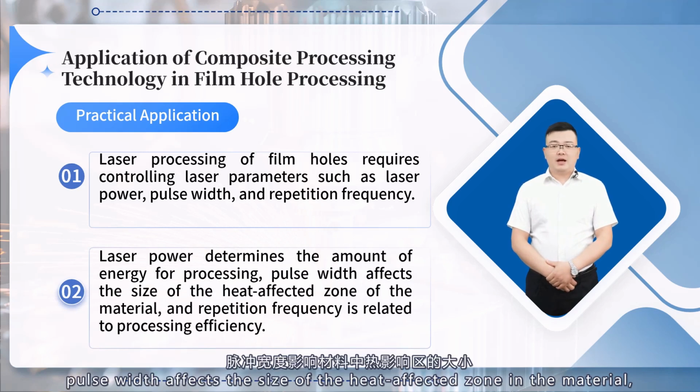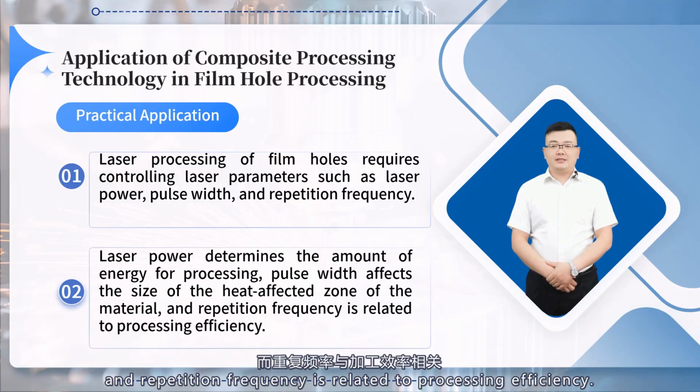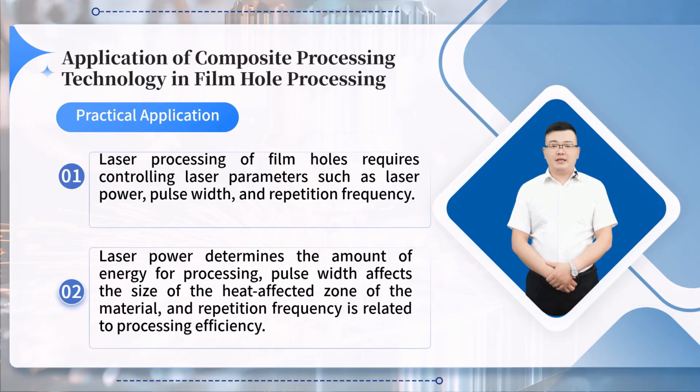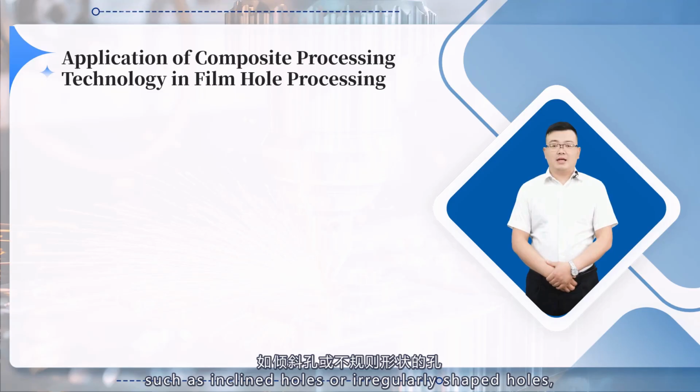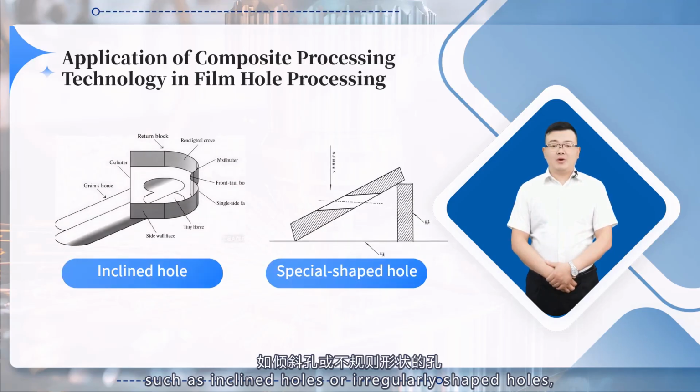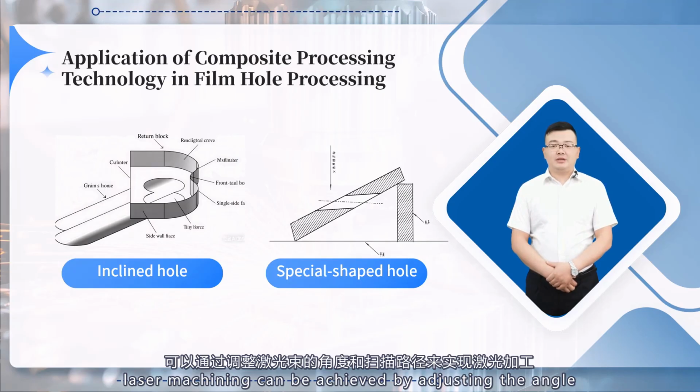Pulse width affects the size of the heat-affected zone in the material, and the repetition frequency is related to processing efficiency. For example, for some specially shaped film cooling holes, such as inclined holes or irregularly shaped holes, laser machining can be achieved by adjusting the angle of the laser beam and the scanning path.